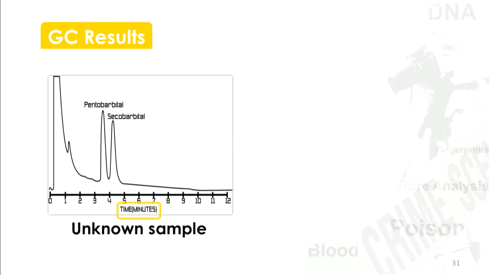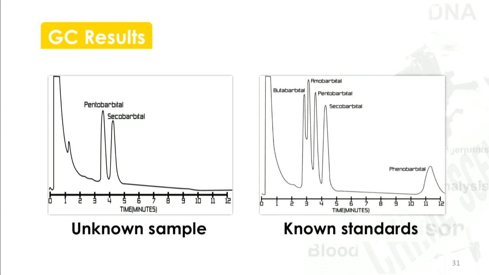When we get peaks from our GC, from our unknown sample, we can then do a tentative identification by comparing them to known standards. So if your unknown material comes off at a particular time, your standard comes off at that same time, then tentatively we can say that is the compound. Though just like with TLC, it's not a very firm identification.